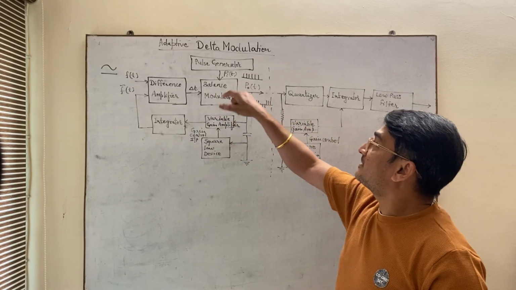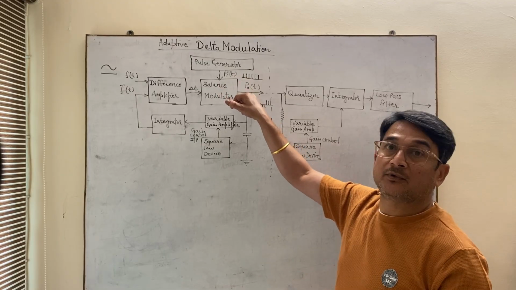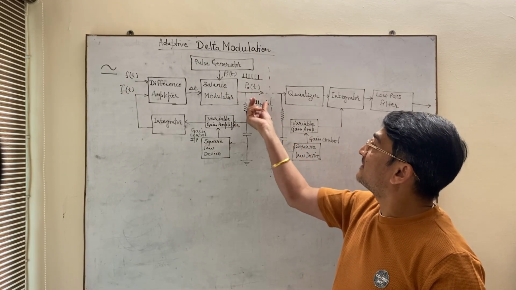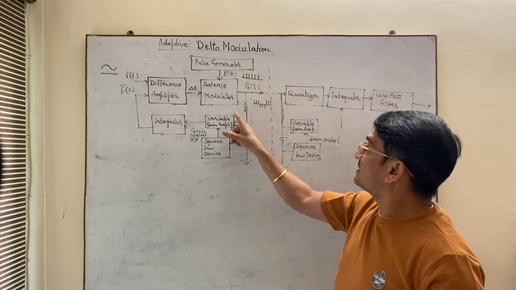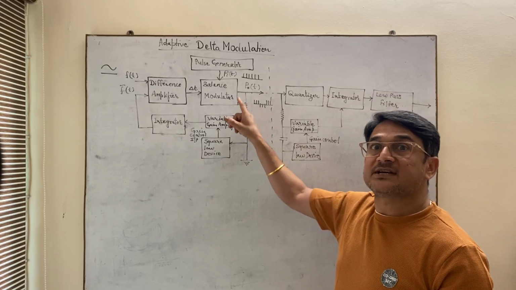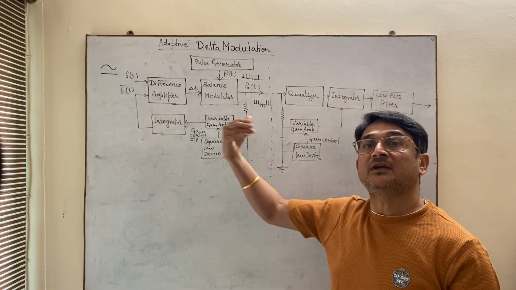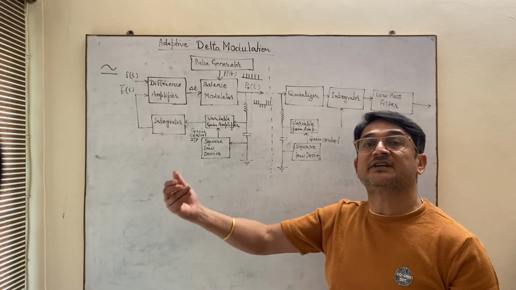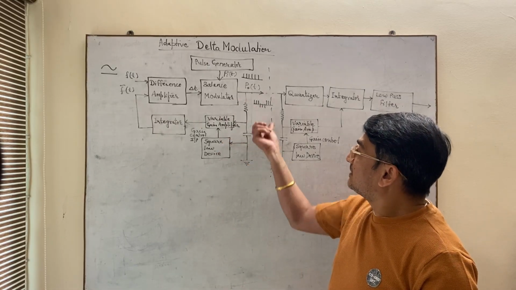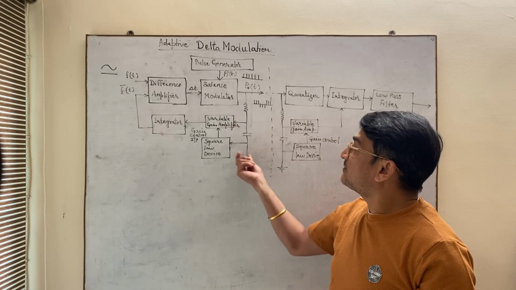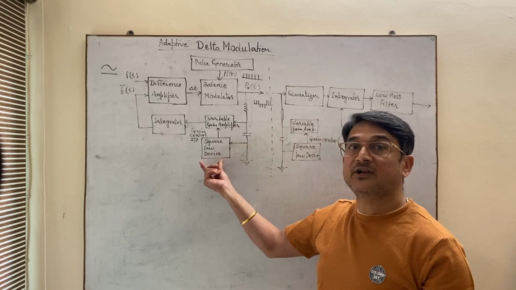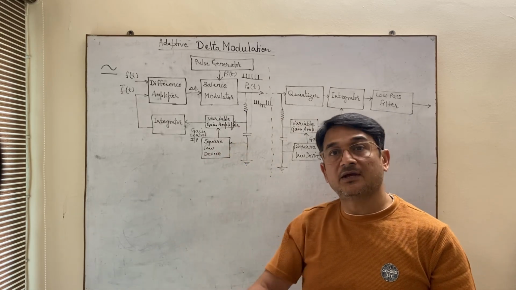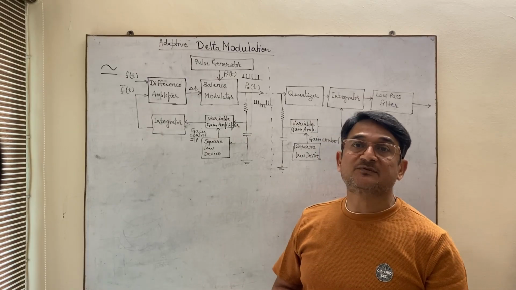Now what happens when you get the output, some positive and negative pulses: this RC works as an integrator which gives you large positive and negative pulses. These large pulses are given to this square law device, which will square the pulses, whether positive or negative.